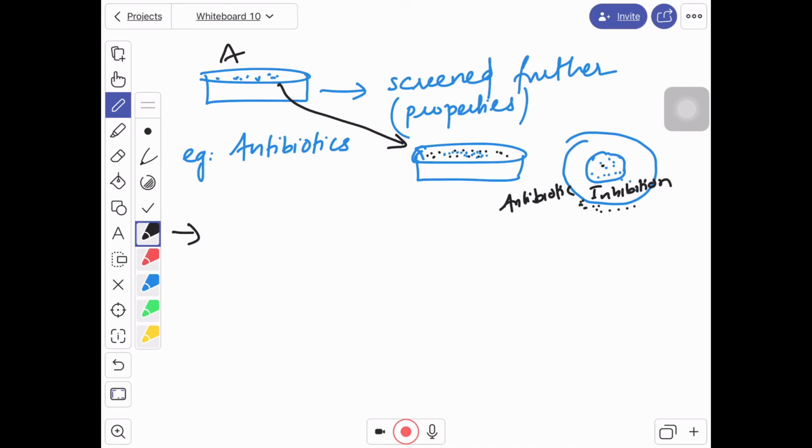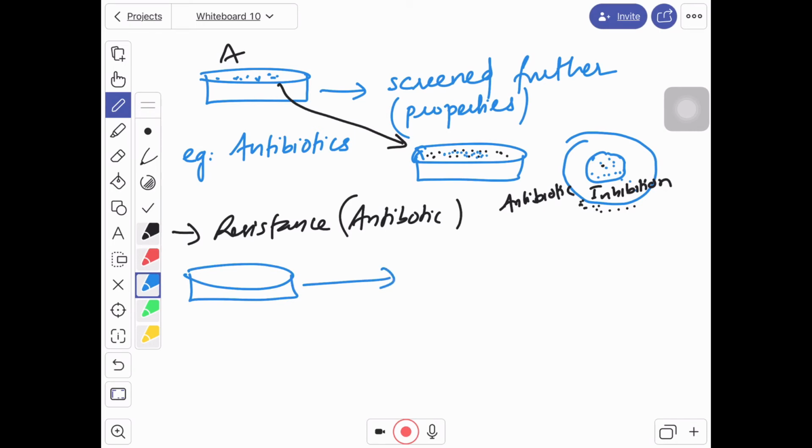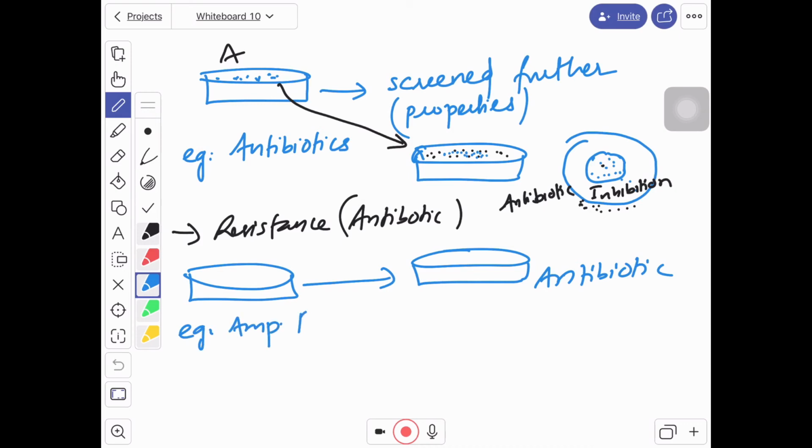If an organism is having resistance against antibiotic, then again screening can be done by growing this microorganism on a petri dish which contains that antibiotic. For example, ampicillin resistance. We will transfer this microorganism onto a plate which contains ampicillin. Only those strains which have the property of ampicillin resistance can grow here.